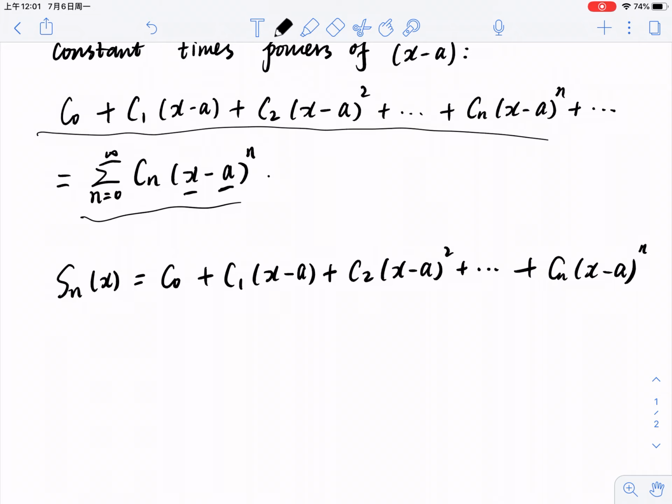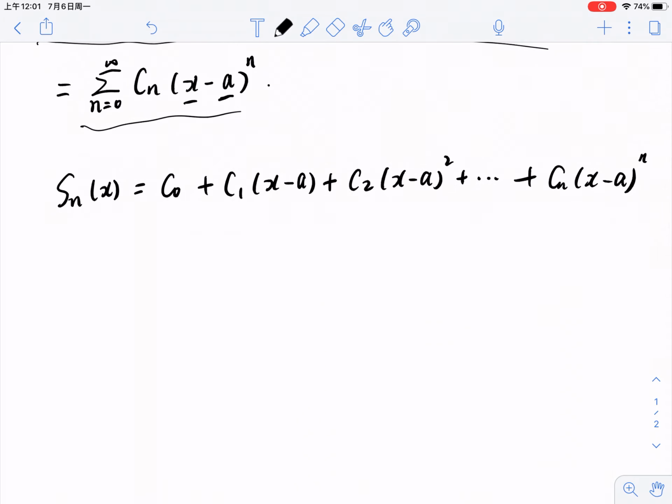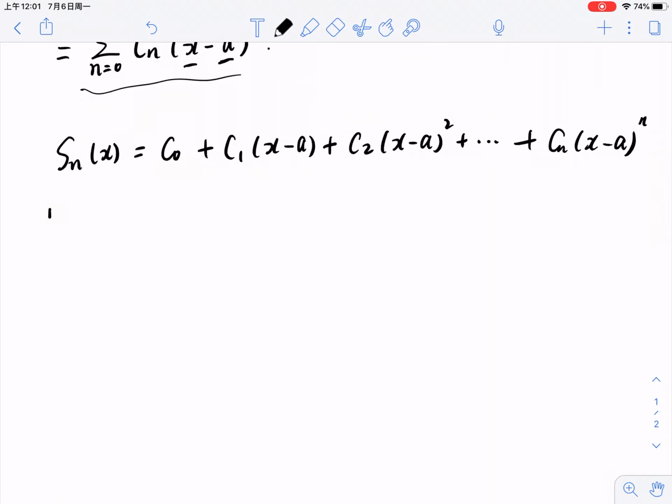So in this case, the partial sums are polynomials. For a fixed value of x, if this sequence of partial sums converges to a limit s, then the power series converges to s for this value of x.